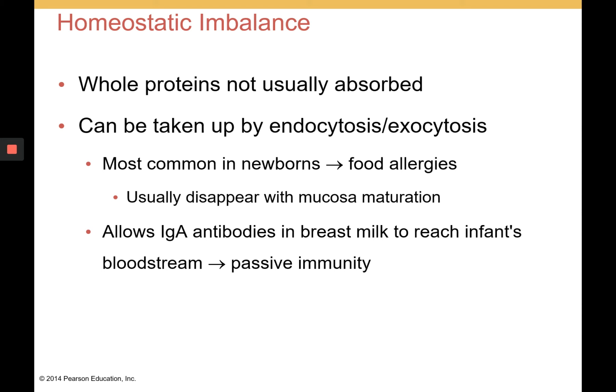So the taking in of whole proteins by the GI tract mucosa actually can cause food allergies in newborns, which disappear as their mucosa matures. But luckily, there's passive immunity offered to them by the breast milk of their mothers, which has in it immunoglobulin A, or antibodies. So just a homeostatic imbalance that is relatively rare but is seen.